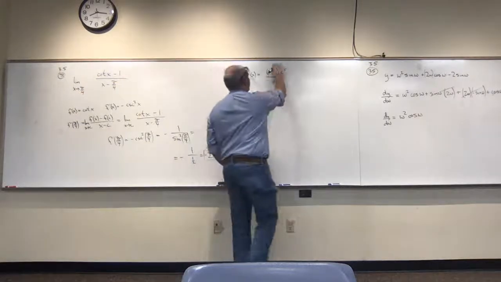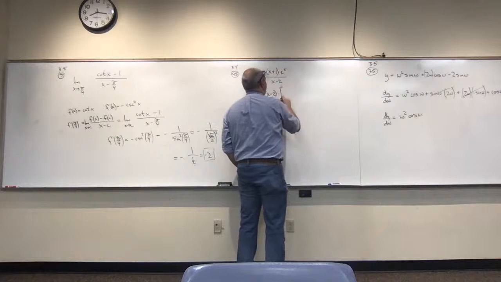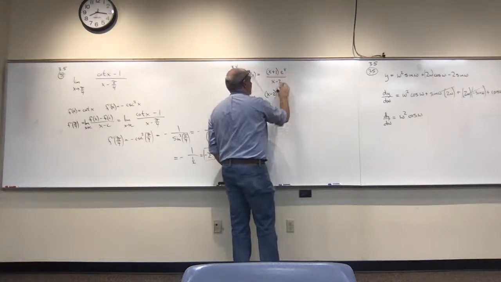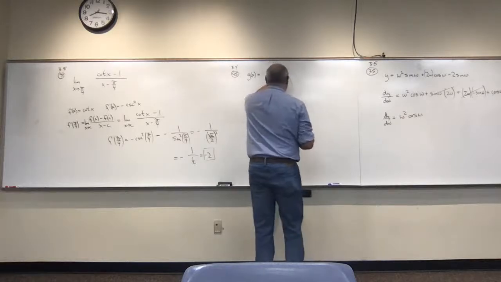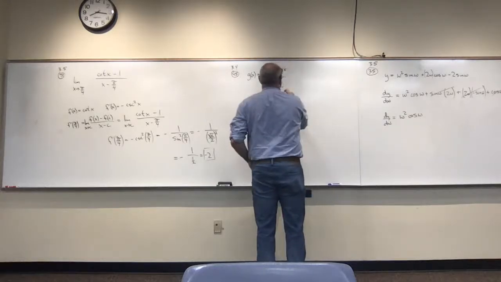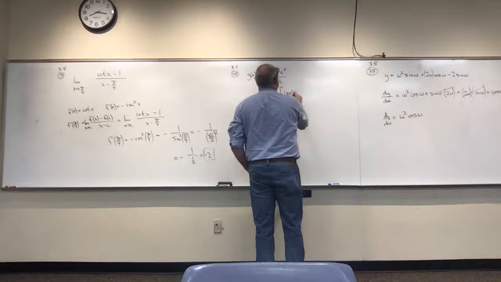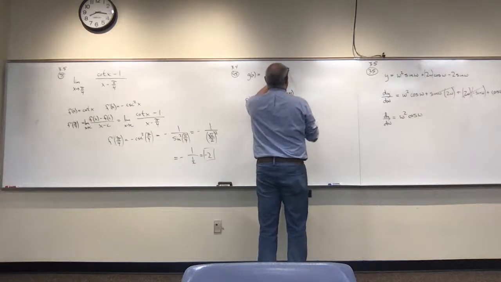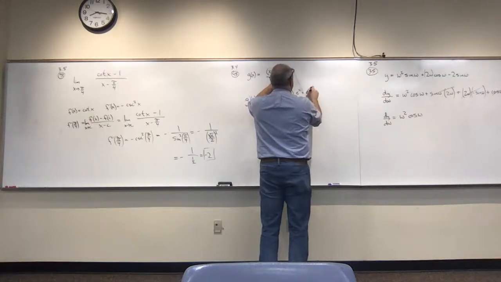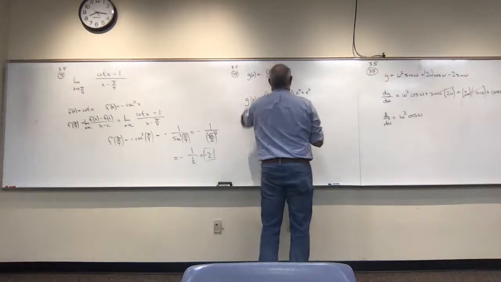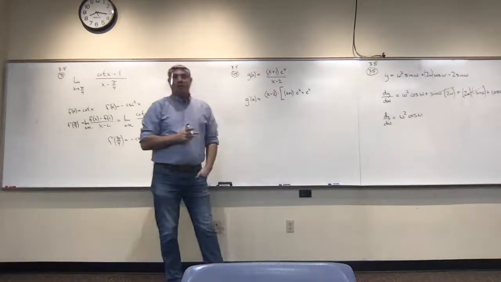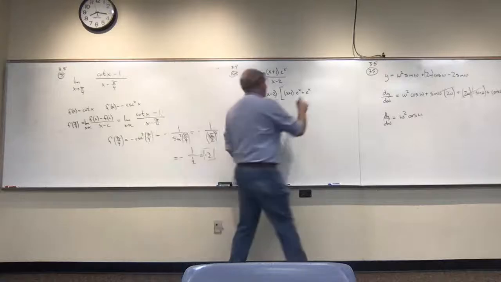It's the first one, x plus 1, times the derivative of e to the x, which is e to the x, plus the second one, e to the x, times the derivative of the first one. The derivative of x plus 1 is just 1.